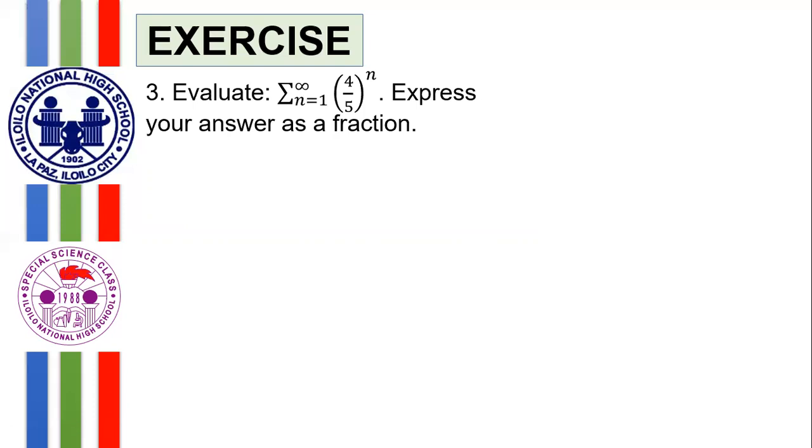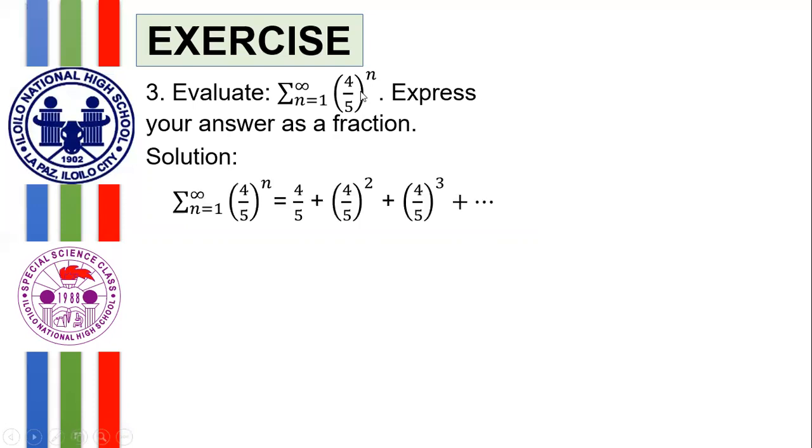So to get the first term, you will let n be equal to 1. 4/5 raised to 1 is 4/5. The second term is 4/5 quantity squared. The third term is 4/5 quantity cubed, and so on. We have to add all of them because we are talking about summation.